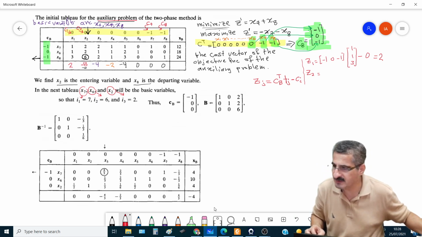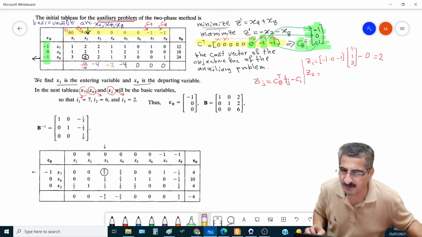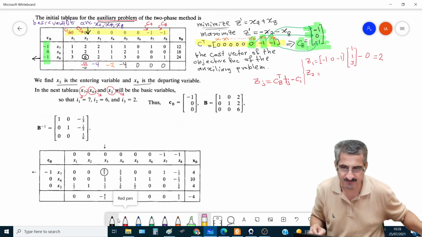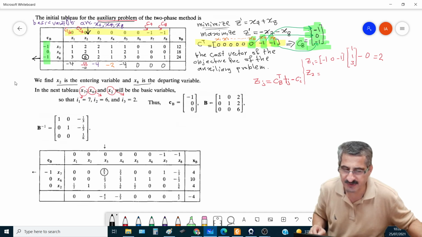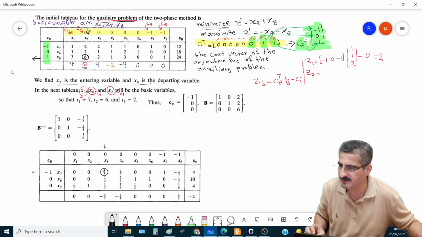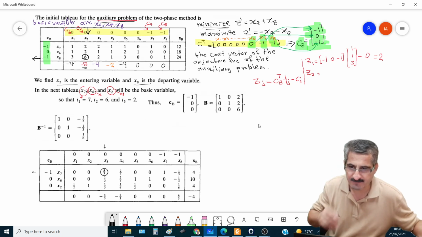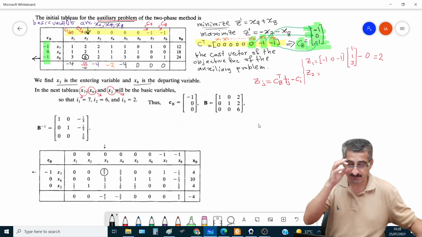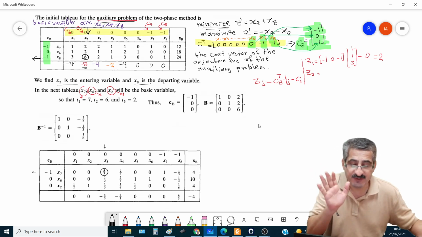So we need to fix this, this will be -4. Yes, thank you. This must be -4. Any other corrections? Sihan and Ines, thank you. Okay, good. Now we have new basic variables.